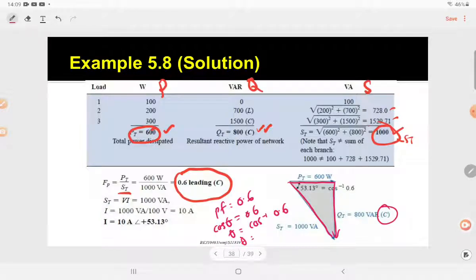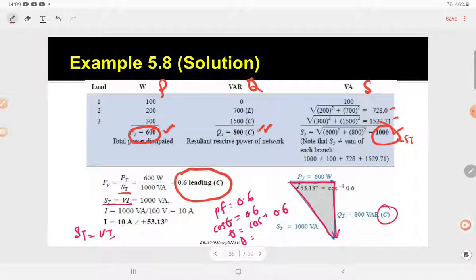Okay, so next we want to find the current. The current can be found using this formula: apparent power is given by VI. Total apparent power is equal to 1000 volt ampere.